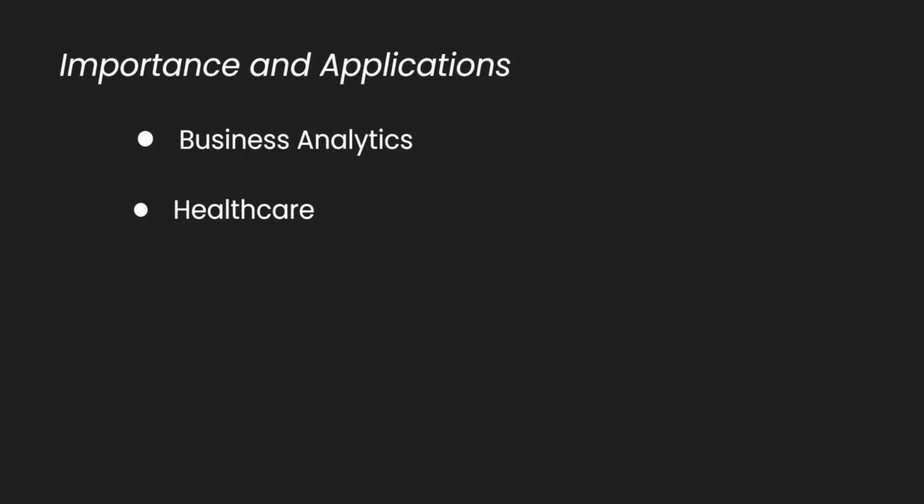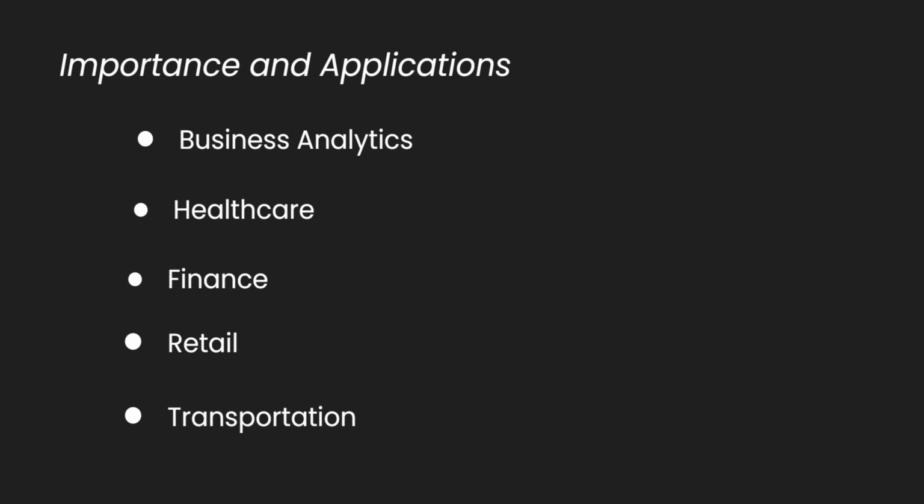Then, healthcare. Data science is used for medical imaging, drug discovery, and predictive modeling to improve patient care. Then, finance. It helps in fraud detection, risk management, and investment predictions. Then retail. Retailers use data science for inventory management, personalized marketing, and demand forecasting.